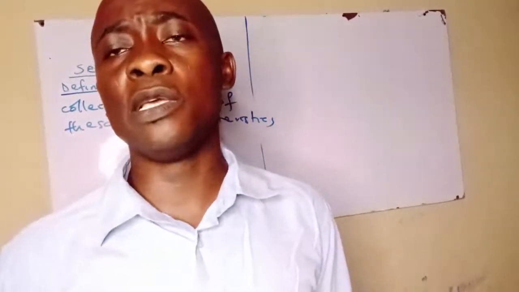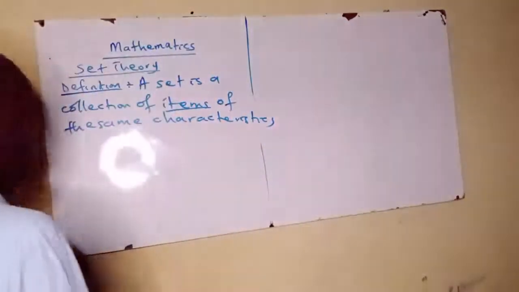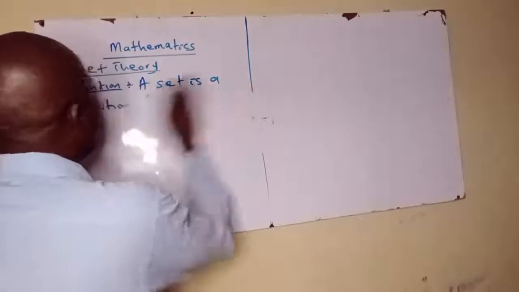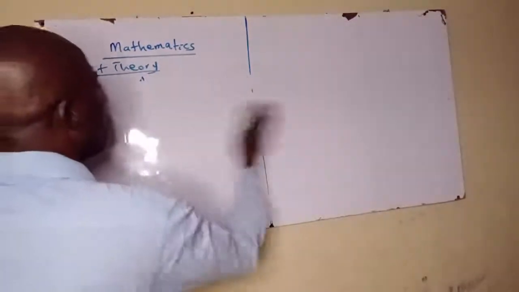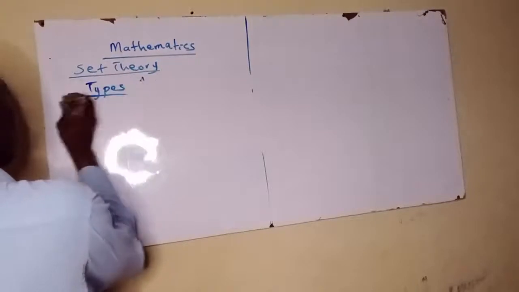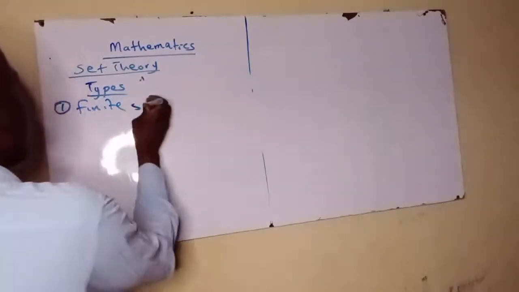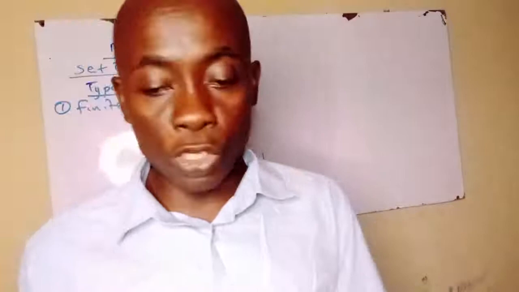Now we can represent it. We have so many types of sets. The first one is the finite set. A finite set is a kind of set that has limitation, that you know the beginning and you know the end of that set.